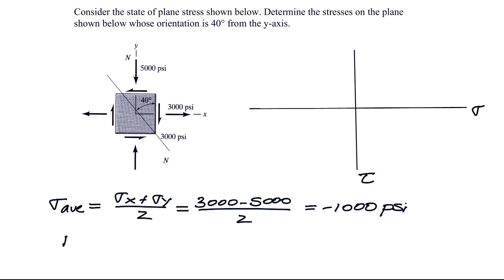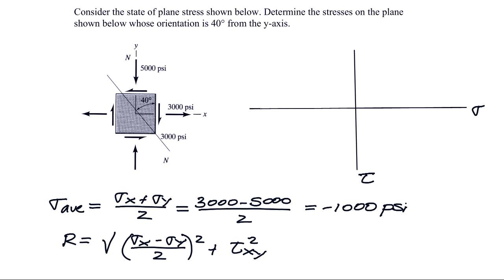The value of R. R is the square root of sigma x minus sigma y divided by 2, that quantity squared, plus tau xy, quantity squared.